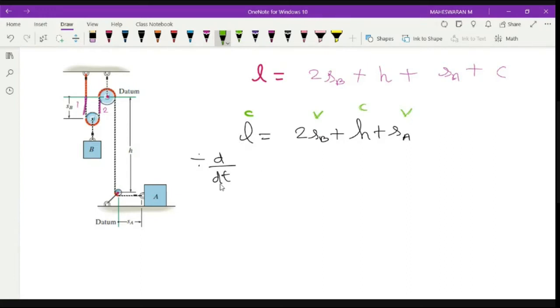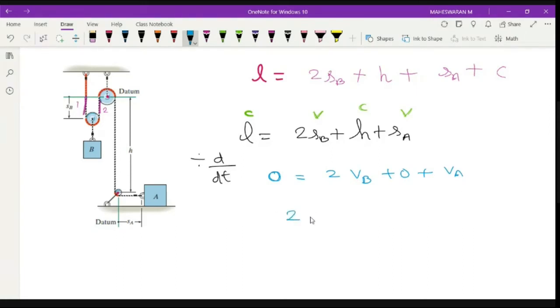So differentiation of this becomes 0 for the length, equal to 2 SB. If you differentiate with respect to time, you will get VB, velocity. The constant term is 0, plus this one we get VA.